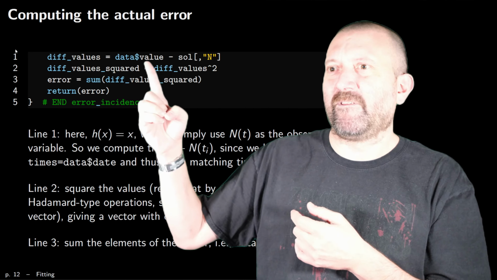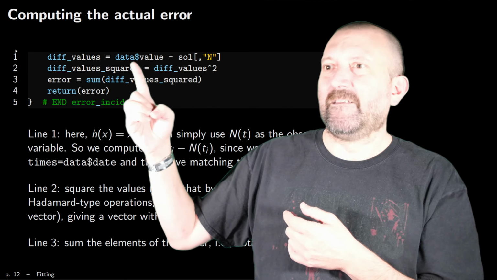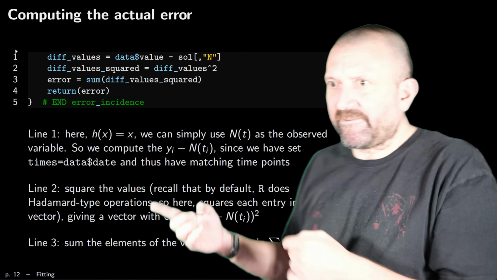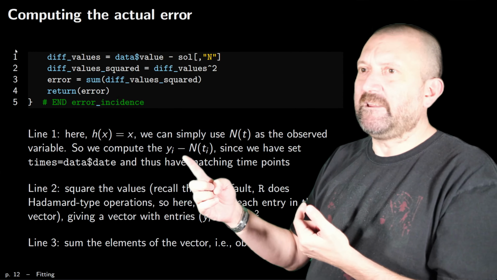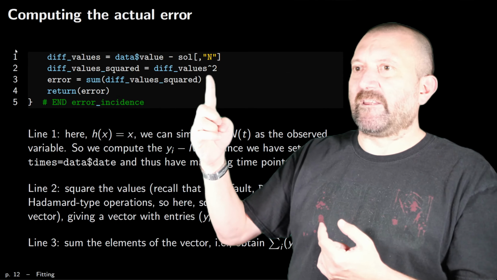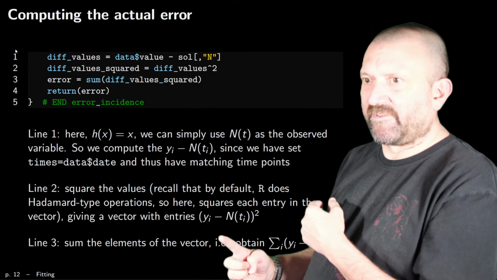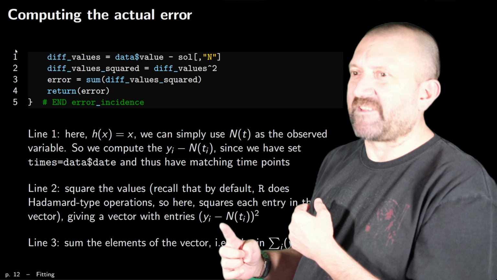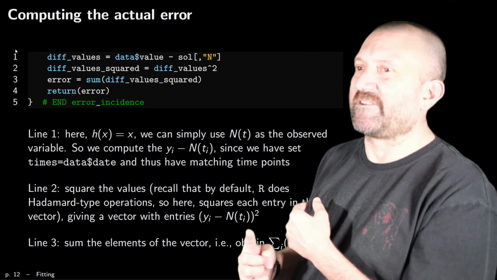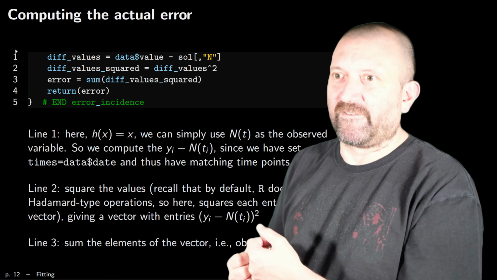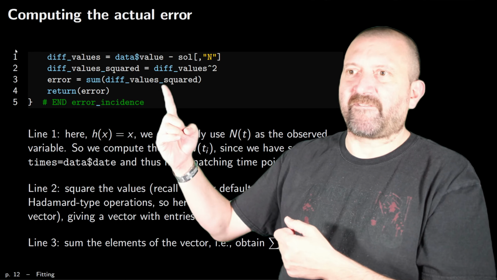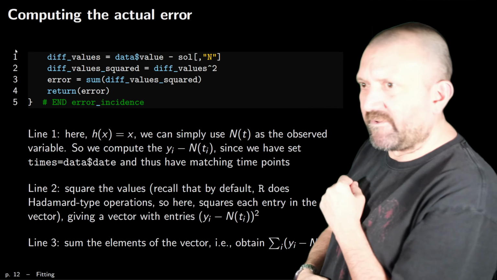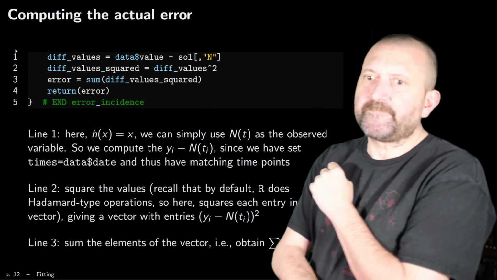So this just gives me the difference, yi minus n of ti. Then I just square it. I've written it as yi minus ti, whereas it was n of ti minus yi before, but because I take the square, it makes no difference. And then the last instruction is to take the sum of the resulting vector, and that gives me the sum of the squared differences.